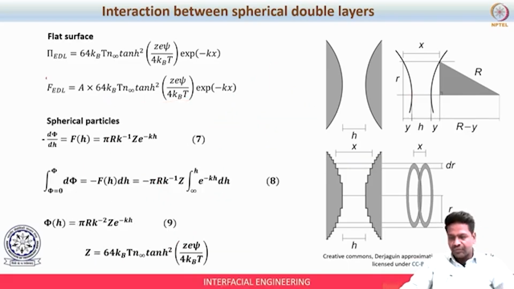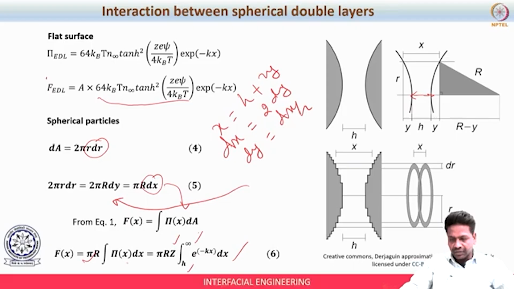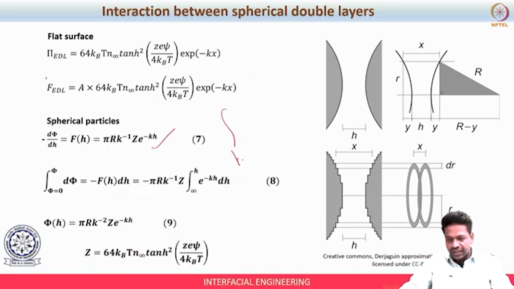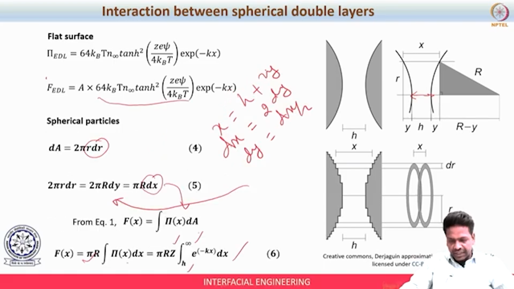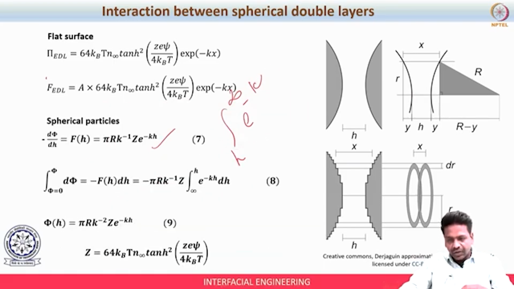Then if you integrate it, you get this equation, pi R. Basically we have to integrate from h to infinity e power minus kx dx. If you integrate this, you get e power minus kx from h to infinity, divided by minus k.